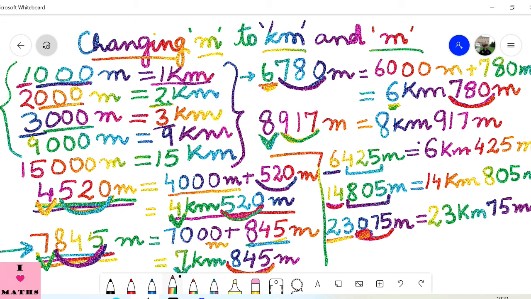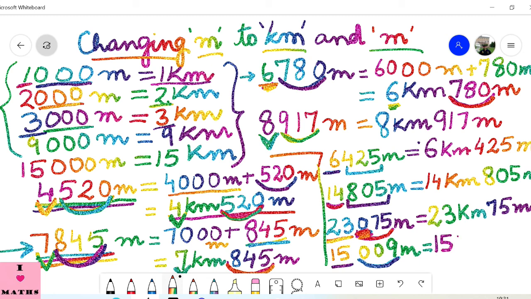Okay, another example. 15,009 meters. Again children, the number formed by the last 3 digits is the meter part, whatever is remaining is the kilometer part.